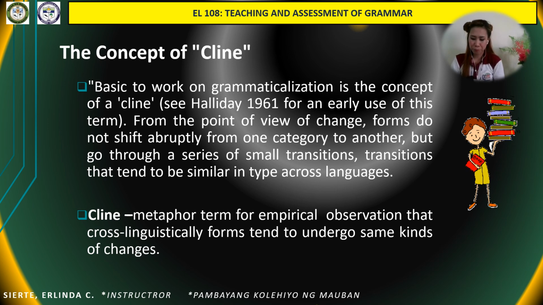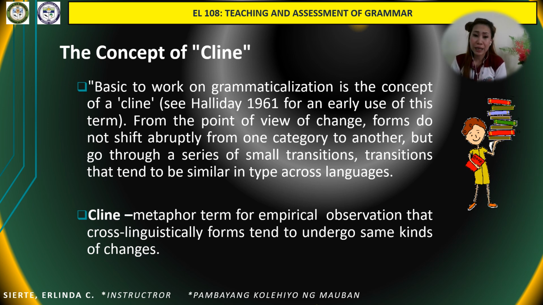The form is comparable to back of the house in English, and such changes recur all over the world in different languages. So the potential for change from lexical noun to relational phrase to adverb and preposition, and perhaps even to a case affix, is an example of what we mean by cline.